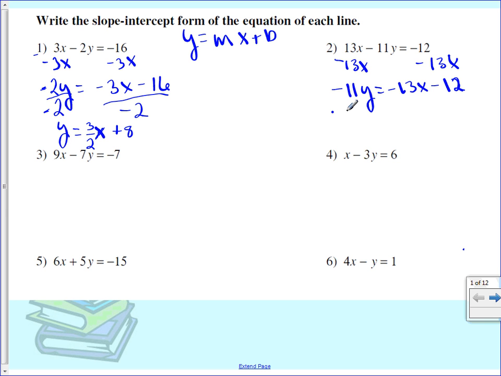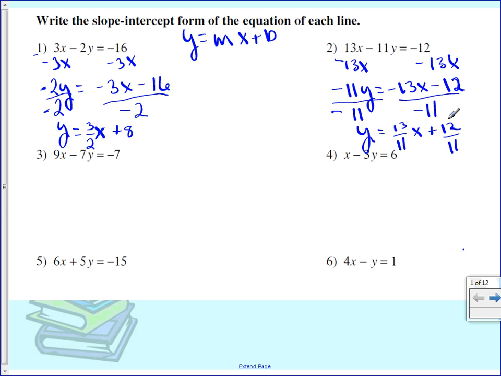Divide by a negative 11 on both sides. So now I have y equals negative 13 divided by negative 11 just gives me 13 over 11x. Negative 12 divided by negative 11 just gives me a positive 12 over 11.